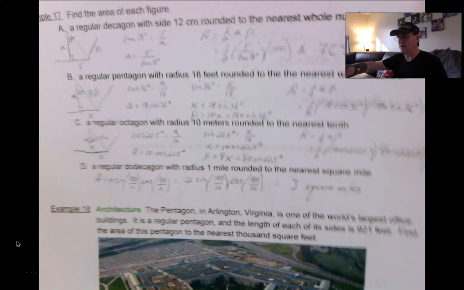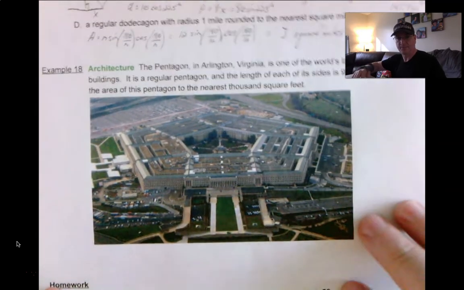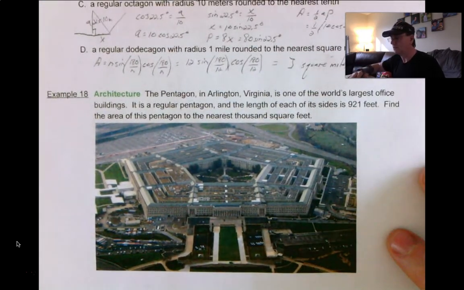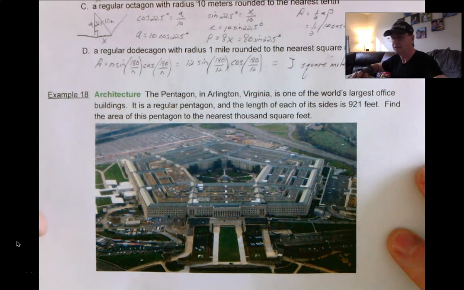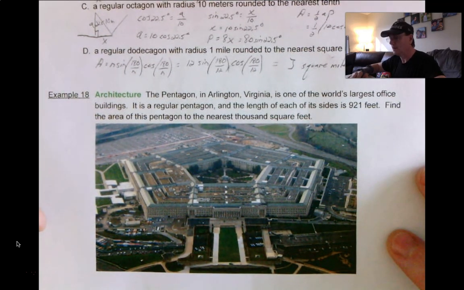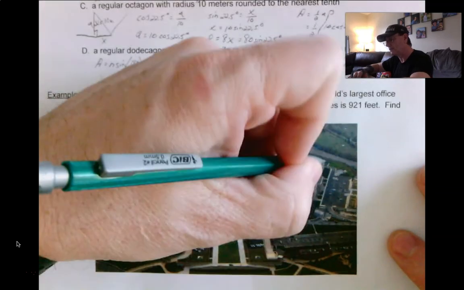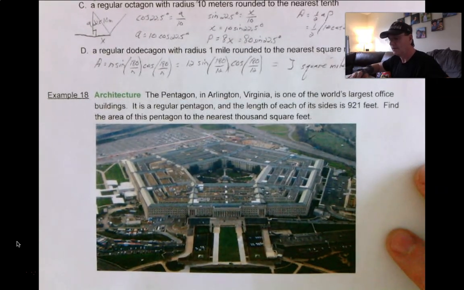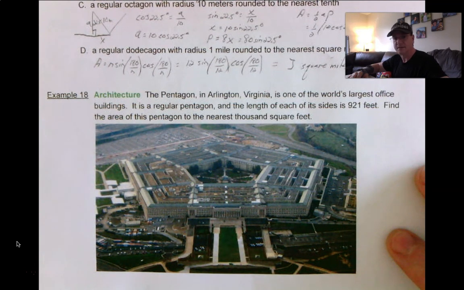All right, example 18. The Pentagon in Arlington, Virginia is one of the world's largest office buildings. It's a regular pentagon, and the length of each side is 921 feet. Find the area of the pentagon to the nearest 1,000 square feet.